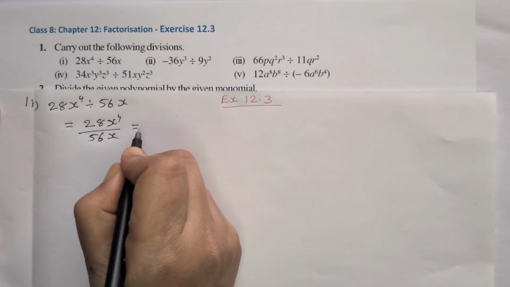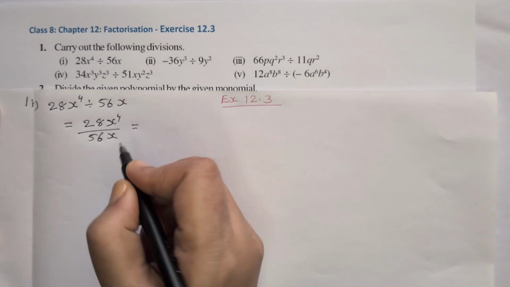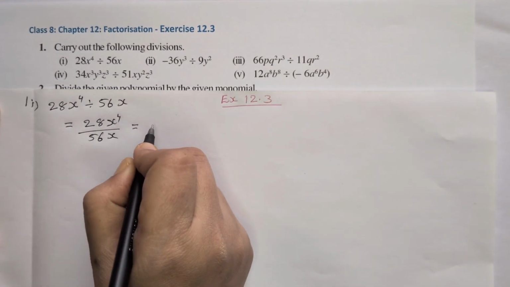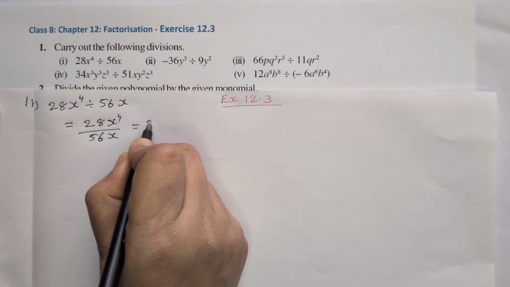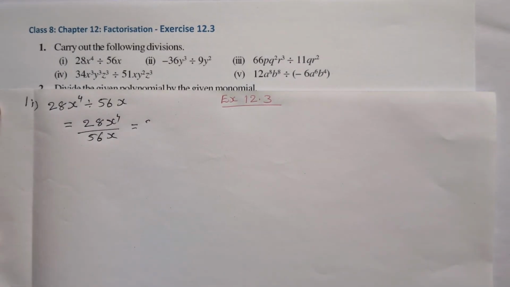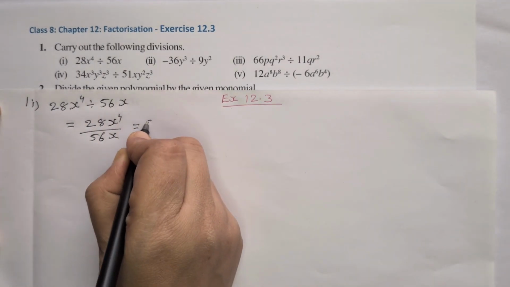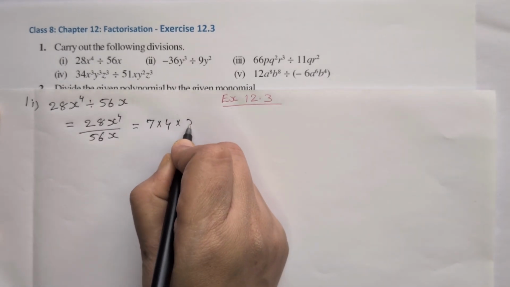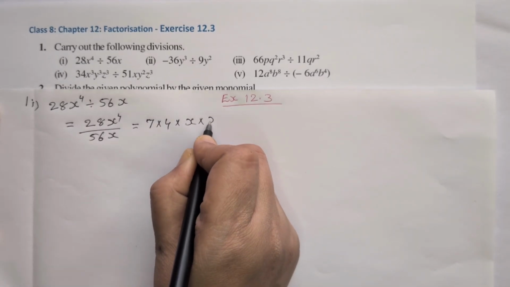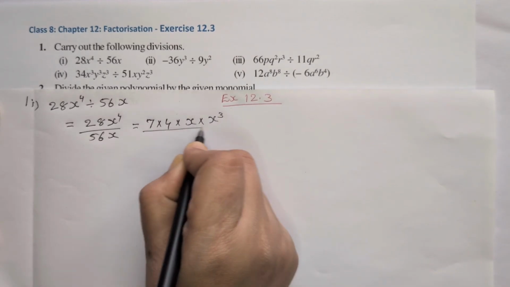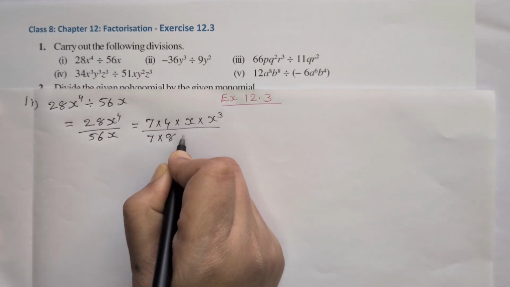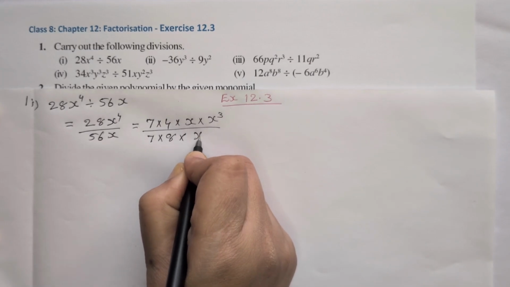We can split 28 according to the table which we know: 7 into 4 is 28, and x raised to 4 means x into x cube, divided by 56, which is 7 into 8, into x.